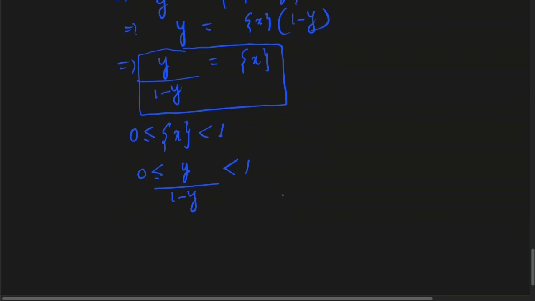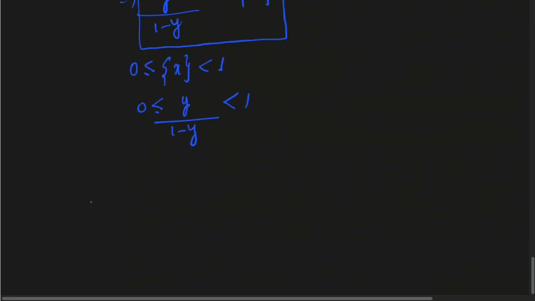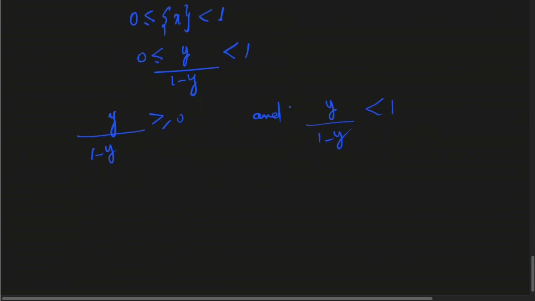Let us solve this inequality one by one. y upon 1 minus y should be greater than or equal to 0, and y upon 1 minus y should be less than 1. So these are the two inequalities, and this should be performed in an AND operation.